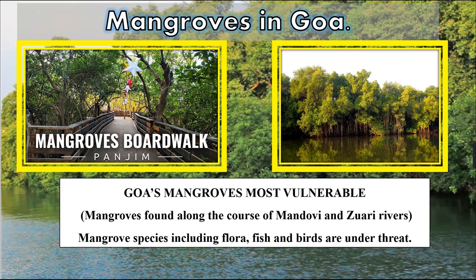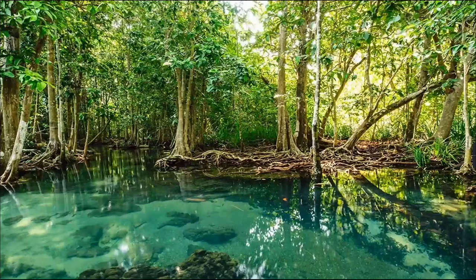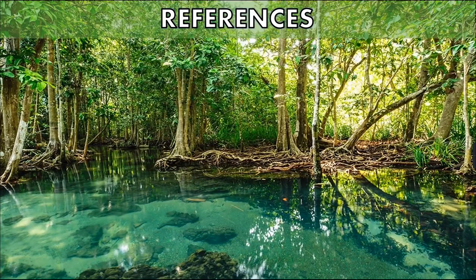The species, including flora and fauna like fish, birds, and all the species living in and around the mangroves, are under threat. So we need to come together, follow the steps that we mentioned, bring about a change and save the mangroves. The references?